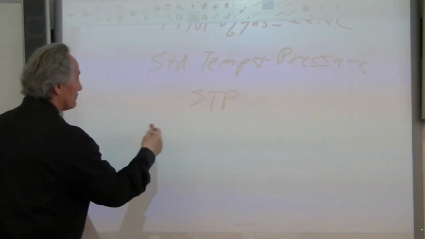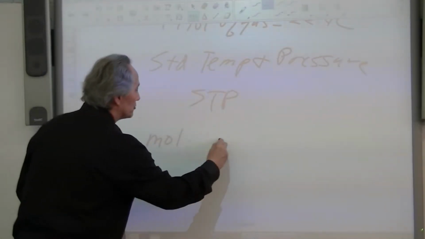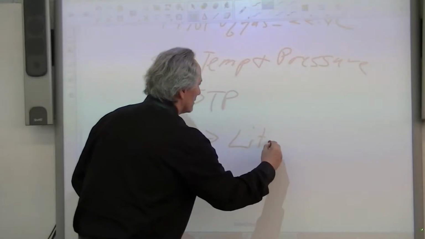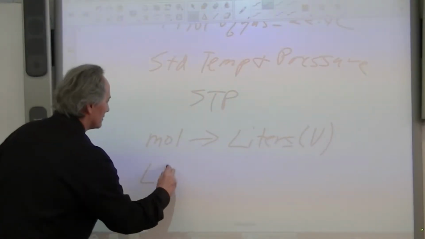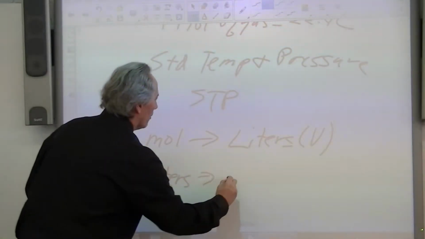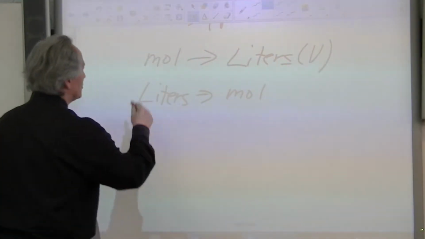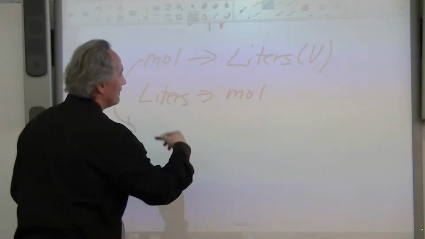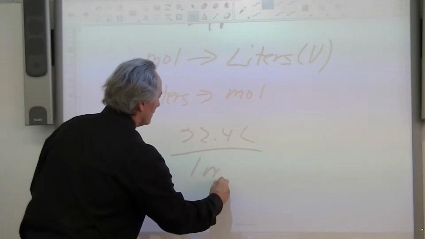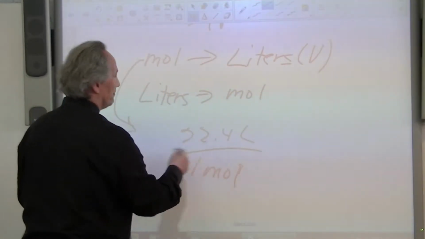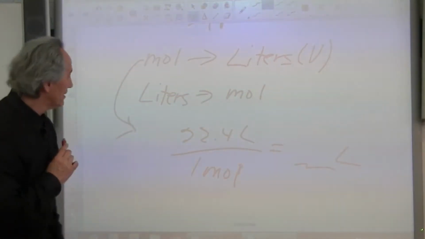If we are given moles, we can convert moles to liters, which is of course volume, or we can convert liters to moles. The conversion for moles to liters would be 22.4 liters per 1 mole. Hence, this would be moles to liters, and we would ultimately get the number of liters.